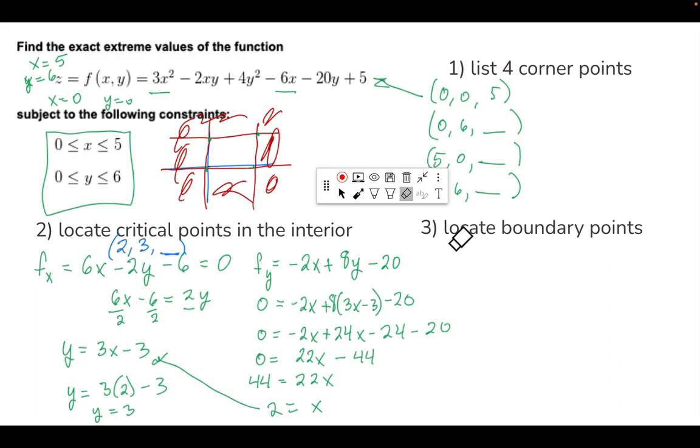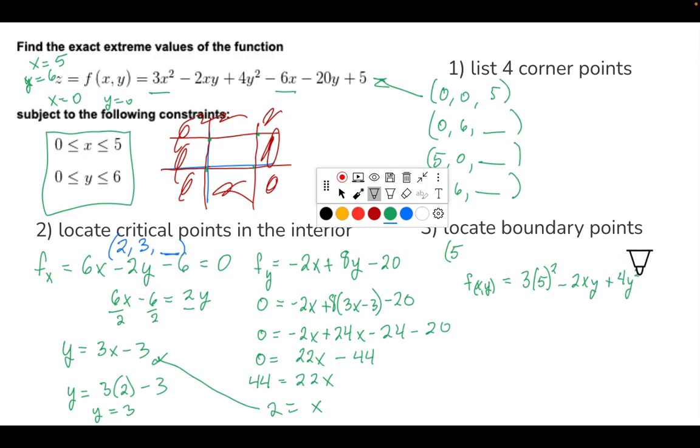Okay, so we're going to put in x equals 5, plug that in, and if we do that, we get our new function. This is equivalent to plugging in y equals 9 minus x squared, but we're plugging in a constant. So we're going to get 3 times 5 squared minus 2xy plus 4y squared.